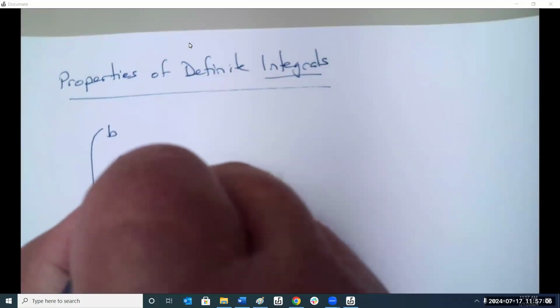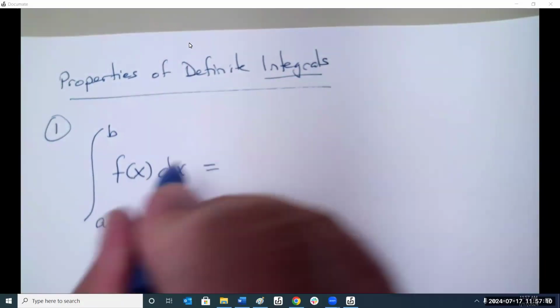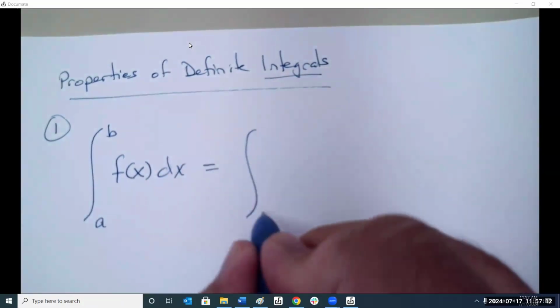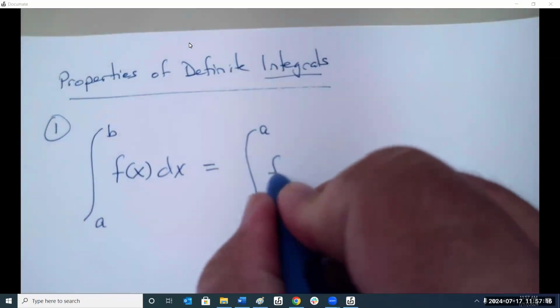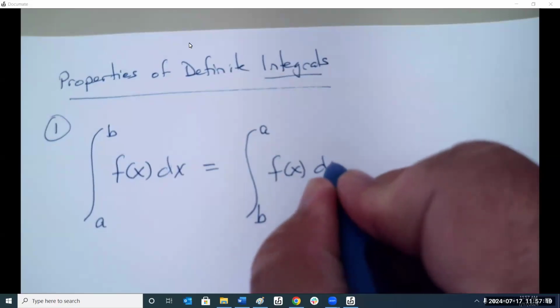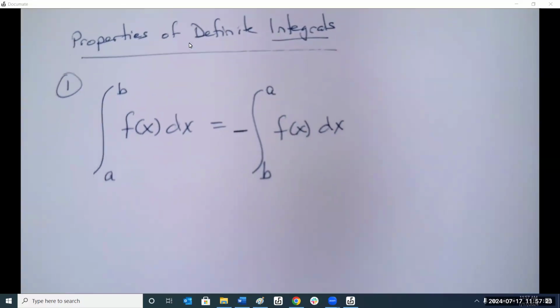So here's the first one. If you reverse the bounds of integration, you've just changed the sign of the function.